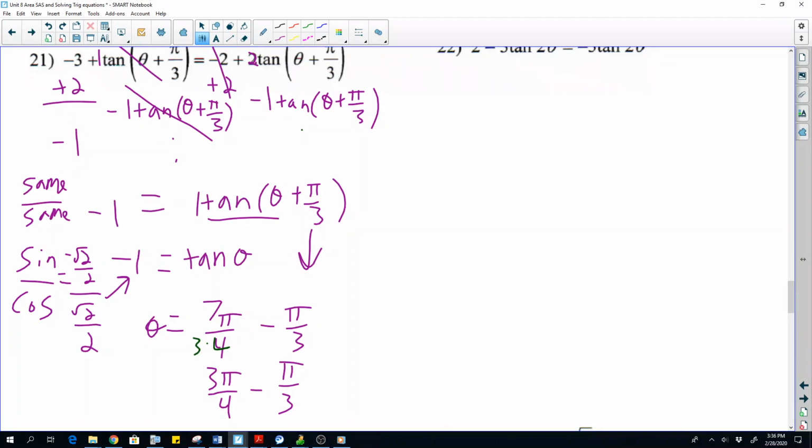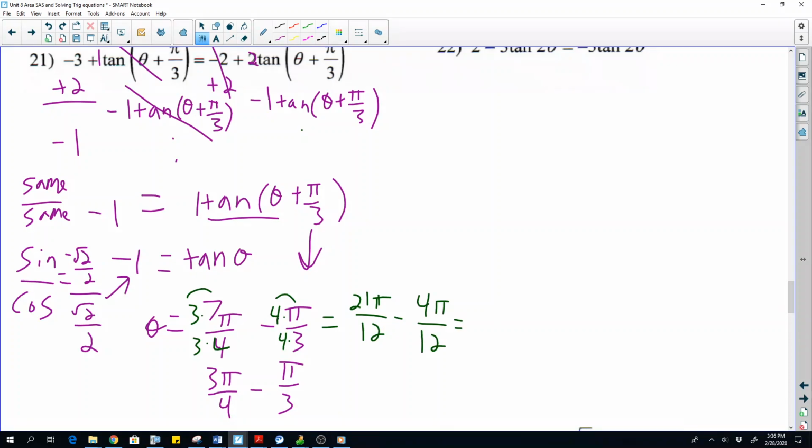So if we do 3 times 7 pi, and then over here we're going to do 4 times 3 is 12, so we're going to multiply a 4 up there. Then we get 3 times 7 is 21 pi, all over 3 times 4 is 12, minus 4 times pi is 4 pi, and then 4 times 3 is 12.